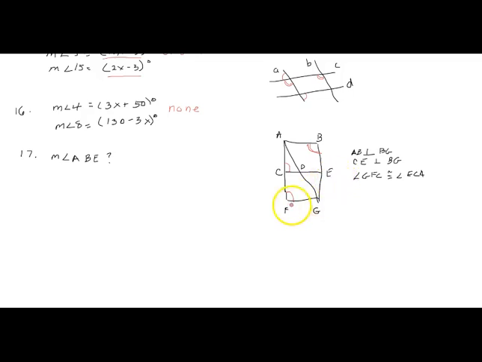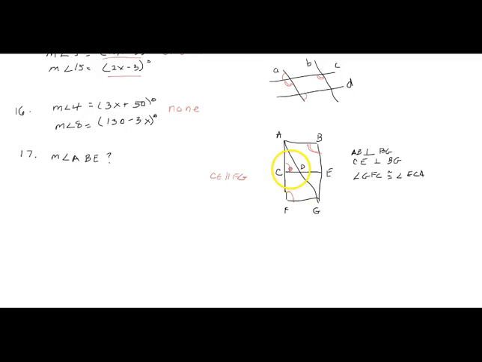Looking at the drawing, we can see that we have two angles right here that are congruent to each other. That will mean that CE is parallel to FG. So CE would be parallel to FG. And here's a transversal, and what do we have here?